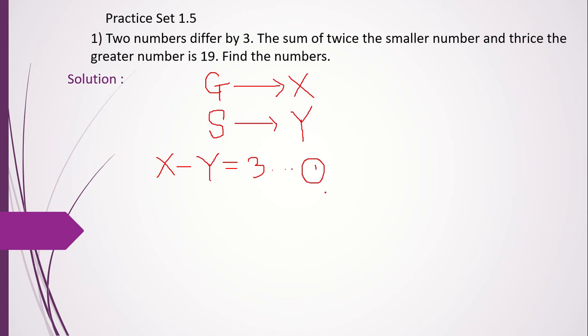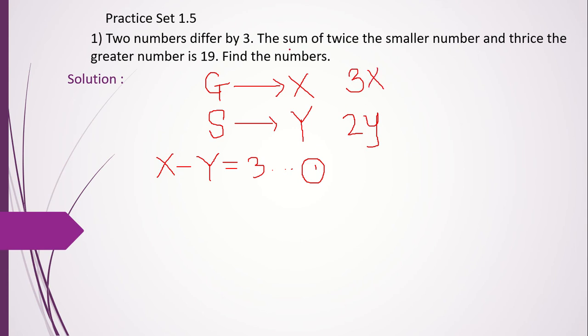Then what is the next condition given? The sum of twice the smaller number. Now smaller number I have assumed y. Twice the smaller number means 2 times the smaller number. That is going to be 2y. And thrice the greater number means 3 times the greater number. Greater number I have assumed is x.